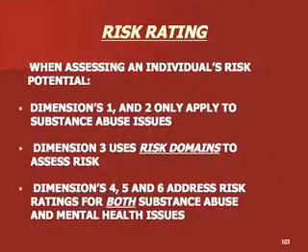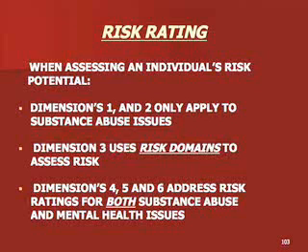Now, we're going to go hopefully slow through this, not only for your sake but for mine, because there's a lot of information and I want to make sure that everyone gets the information that they need. When we do risk rating for dimension 1 and 2, we're only looking at substance abuse issues. Dimension 3, emotional, behavioral, cognitive issues, we are now going to introduce a new term for you, which is called risk domains.